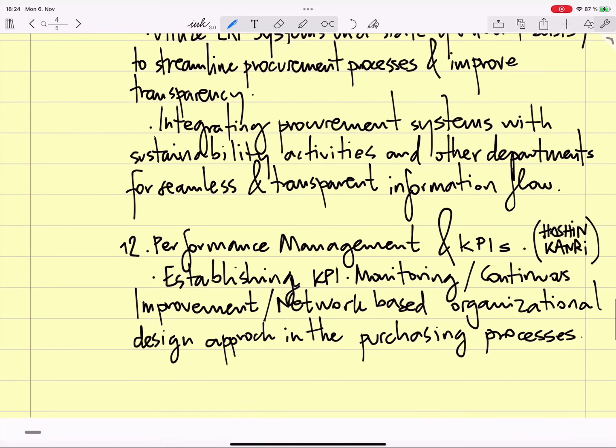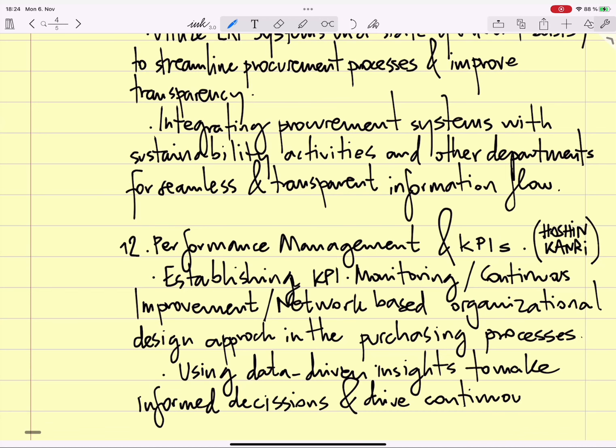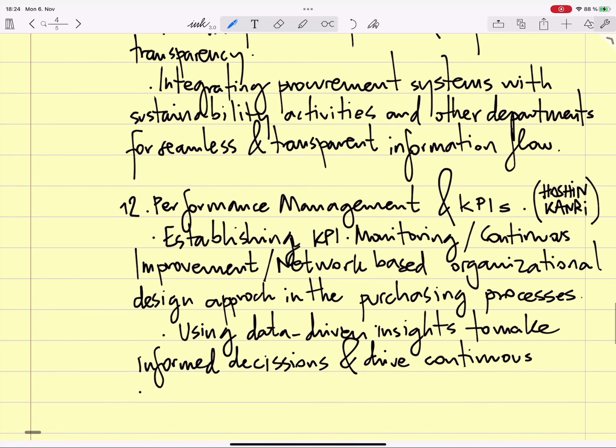You use data-driven insights to make informed decisions and drive continuous improvement. Right?